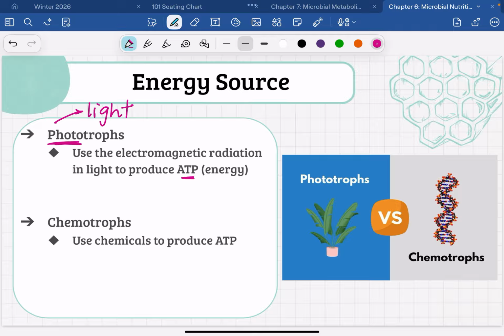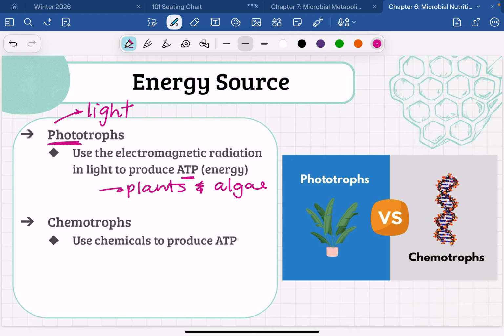It's energy that cells can use. Okay, so these are things like plants and algae. Organisms that do photosynthesis. There are some amount of bacteria that can do this as well, but not very many.